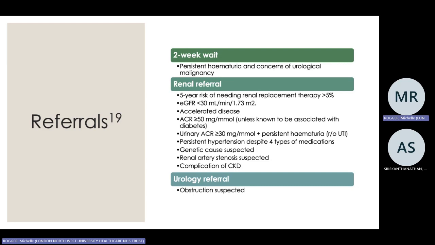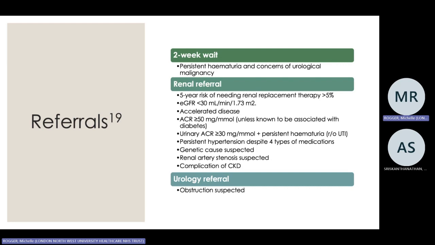If they've got an albumin creatinine ratio of 50 or more, unless they've got associated diabetes, or a ratio of 30 or more and they've got persistent hematuria, you'd refer them unless that is due to a UTI, so you need to rule that out first.